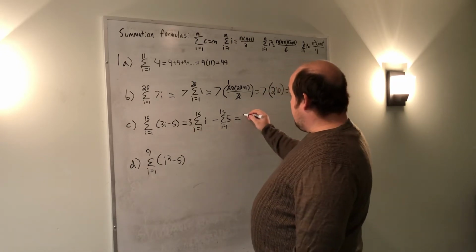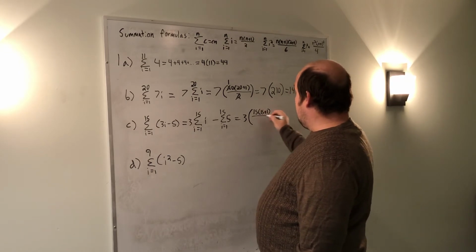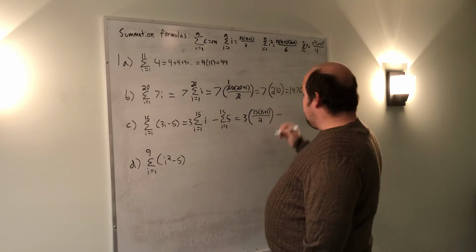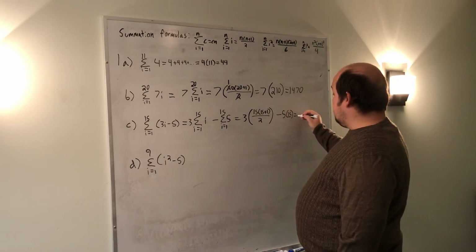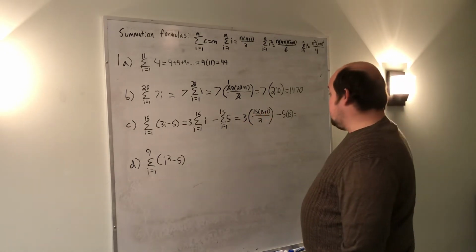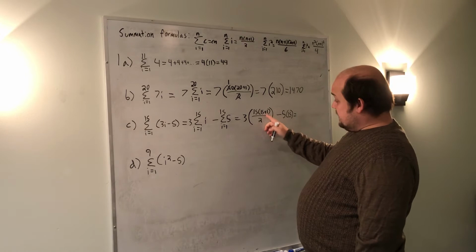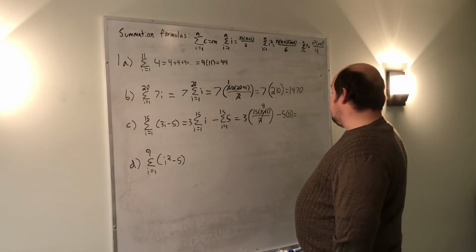Here, this is going to become 3 times 15 times 15 plus 1 over 2. And from that, I'm going to subtract 5 times 15. When I go to reduce this, 15 plus 1 is 16. 16 divided by 2 gives me 8.